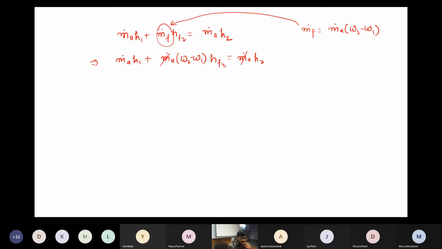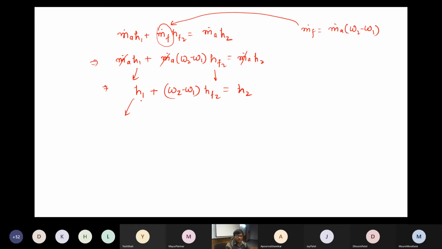So the m dot a cancels out. Now let me write it: h1 plus omega 2 minus omega 1 times hf2 is equal to h2. We got the relation, but we need to find the enthalpies associated with 1, 2 and hf2.